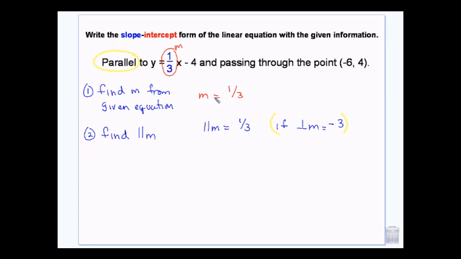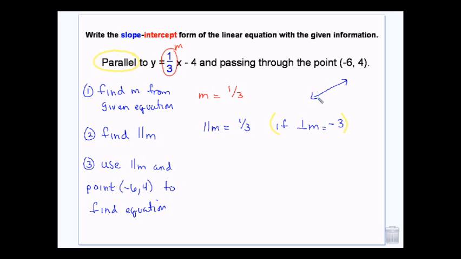Okay, so we found m, we found parallel m, and now the last part is we're going to use parallel m and the point, which in this case is negative 6, 4, to find an equation. Now this is kind of similar. So here's the y equals 1/3 x minus 4 line.